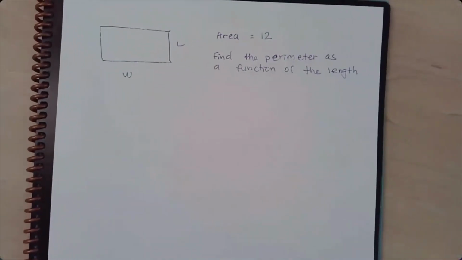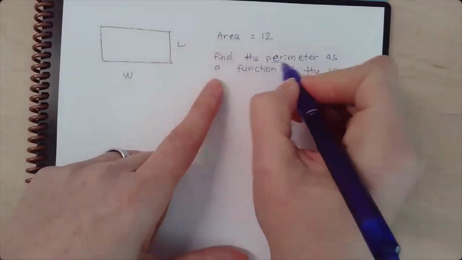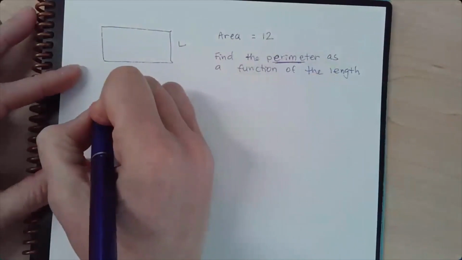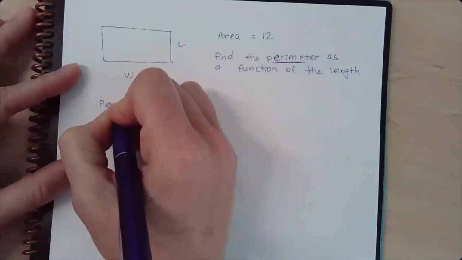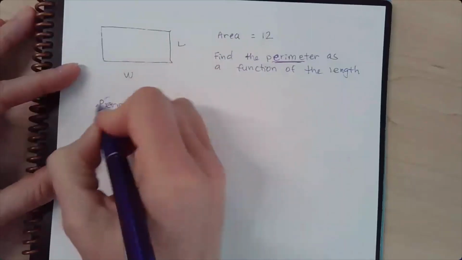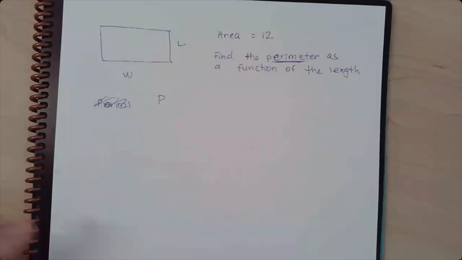Okay. So if it's a rectangle, I don't have any reason to believe that these 2 values are equal, and I don't have enough information to know what those 2 values are. But the thing it has asked us to find is something for the perimeter. So I would just start by writing what the perimeter is. I'm going to call it P for perimeter.